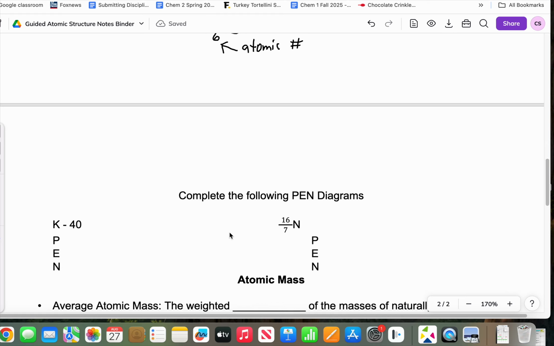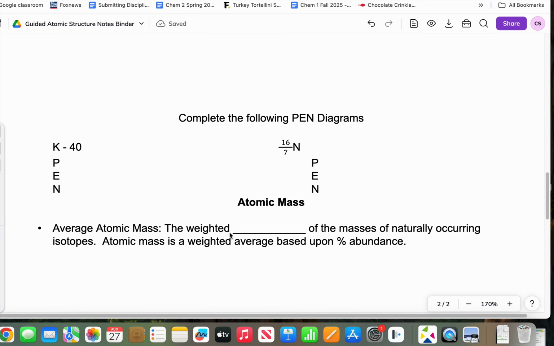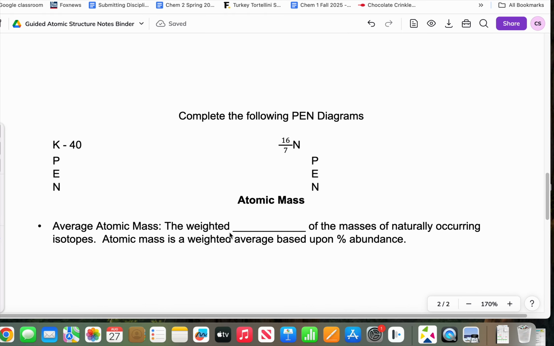All right, let's go on to the next page. Now, there are these Venn diagrams you have to be able to complete. In order to complete them, you got to remember a couple things. First thing that you got to remember is mass number equals protons plus neutrons. So you'll need a periodic table to do this.